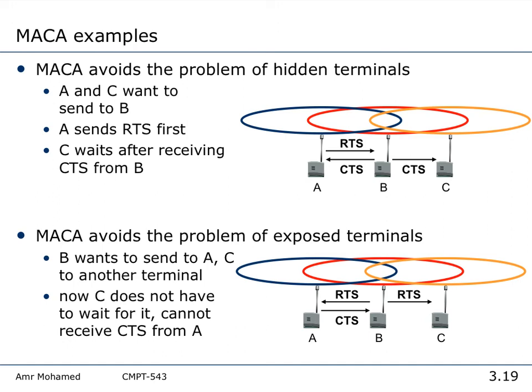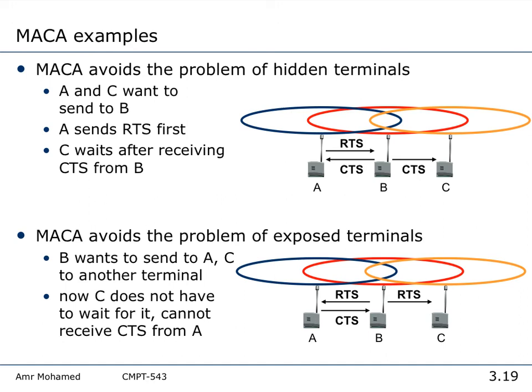Okay, so NAV, what's the full form for that? In the previous slide, we talked about NAV RTS, NAV CTS, and NAV data. NAV means network allocation vector. I don't know why they call it that.